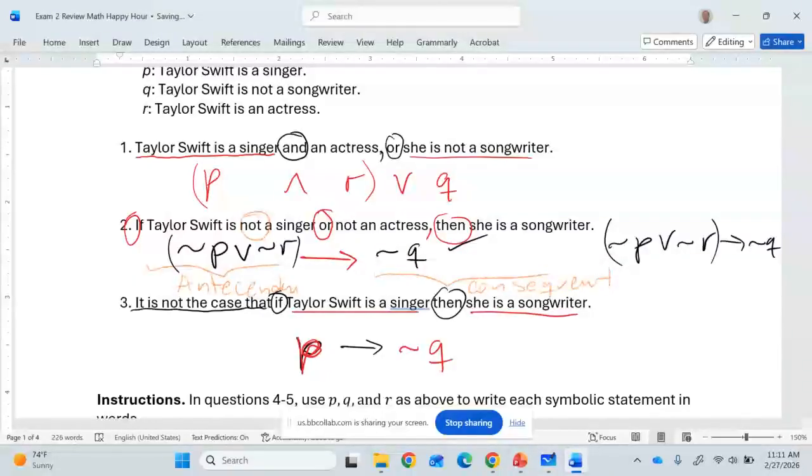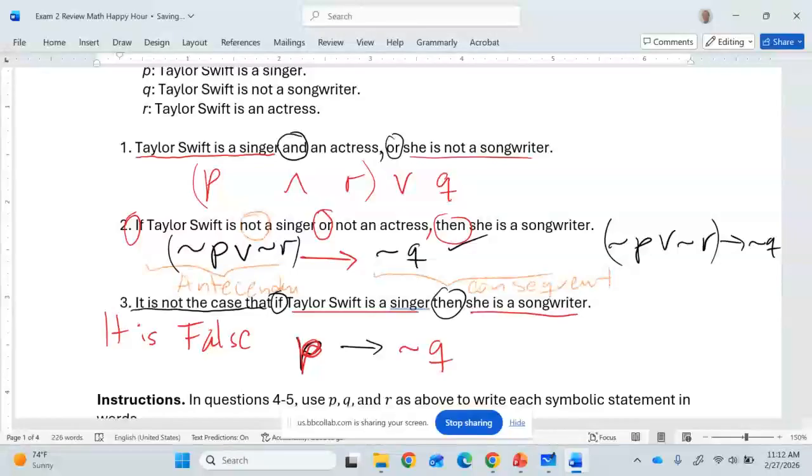And now, if I didn't have that initial part, it is not the case, then it would just be the symbols for if Taylor Swift is a singer, then she is a songwriter. And so this, it is not the case, is telling you the opposite. Another way of saying this is it is false. So it is false that this is true.